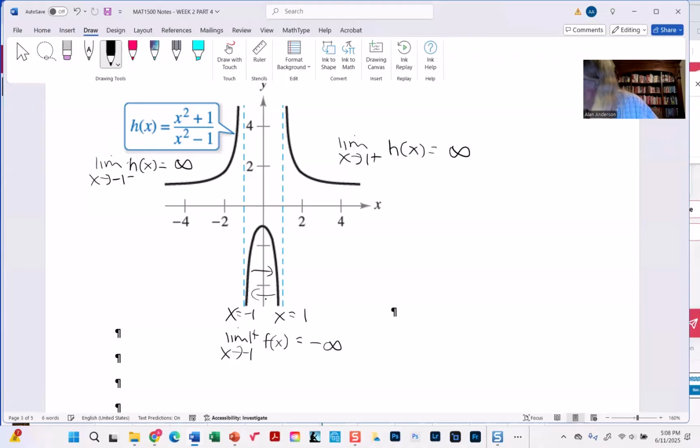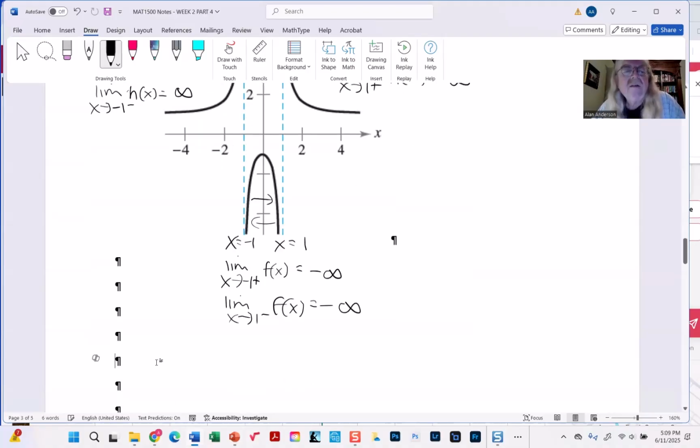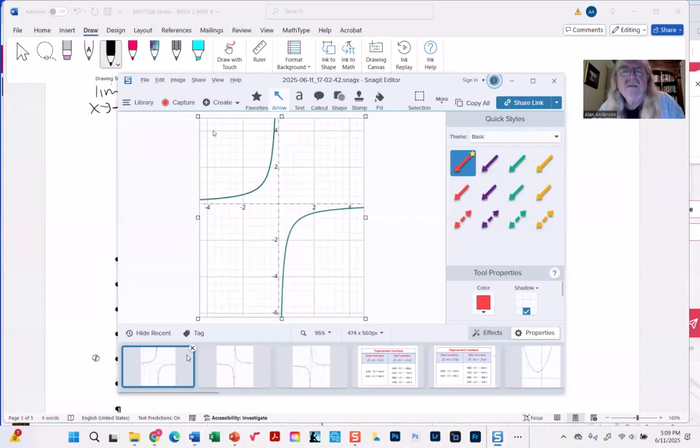Coming from this side, it's the same thing. So, wait a minute. Hold on a second. I did something wrong there. That's better. Okay, so in other words, -1 from the right is negative infinity, and +1 from the left is also negative infinity. Okay, so it's a very complicated function, and of course, because it has two asymptotes.